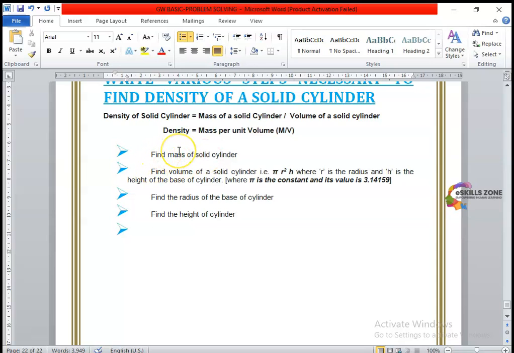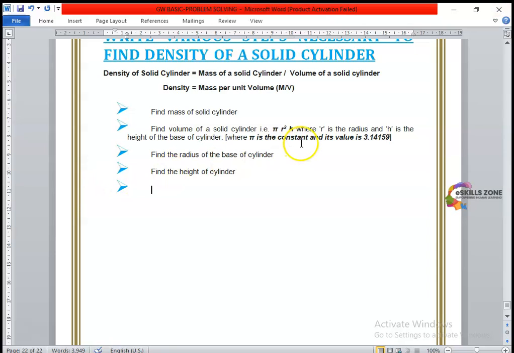The first step, viewers, is finding the mass of the cylinder. After that, we need the formula to calculate the volume of a cylinder, for which we need the value of pi, which is constant, 3.14159. Here R stands for radius and H for height, so we need the radius and height as well.